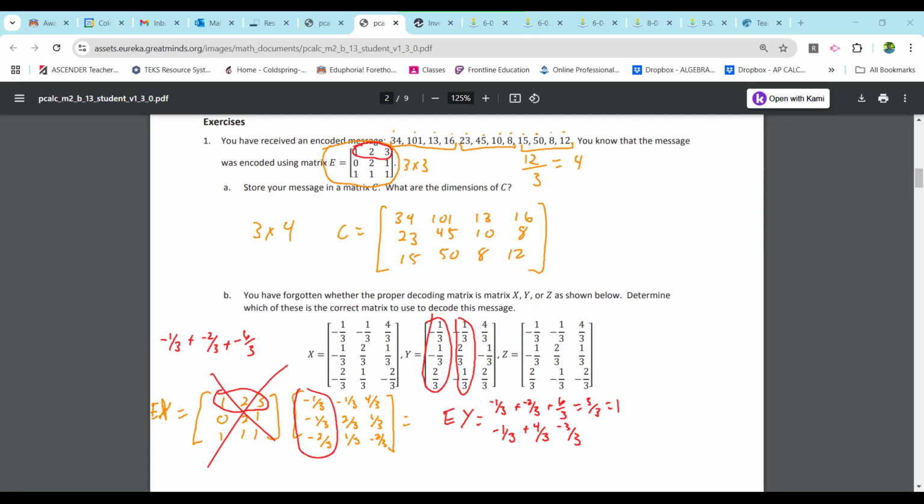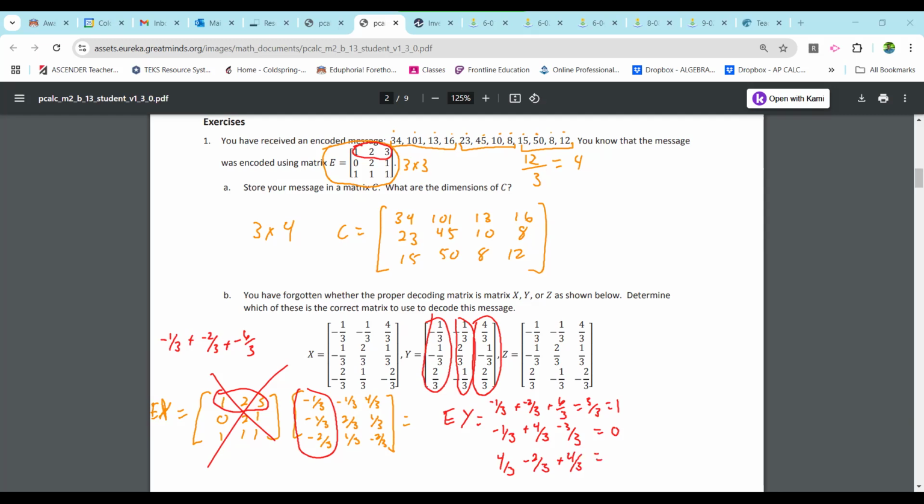Negative 1 plus 4 is 3. 3 plus negative 3 is 0. That worked out. Now I'm going to do it again. So that gives me 4/3 minus 2/3 plus 4/3. Again, everyone's still good?